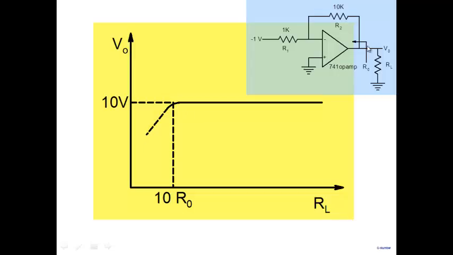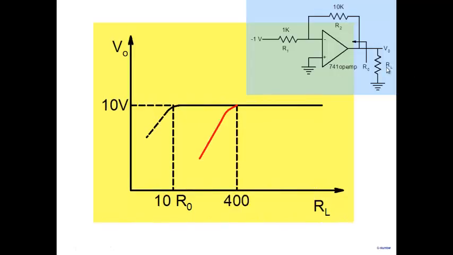For the sake of argument, let's say R0 is 0.1 ohm. I expect it to fall around 10 times R0, around 1 ohm. If I connect RL of 1 ohm, then only I should expect things to happen. If I'm clear of that 1 ohm, I expect the output to be flat, independent of RL. In real life, what happens?